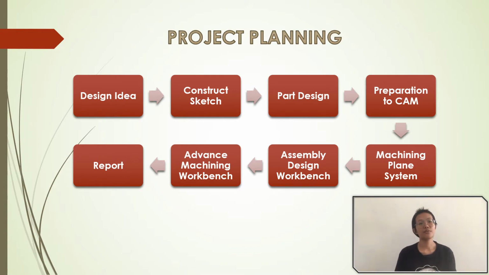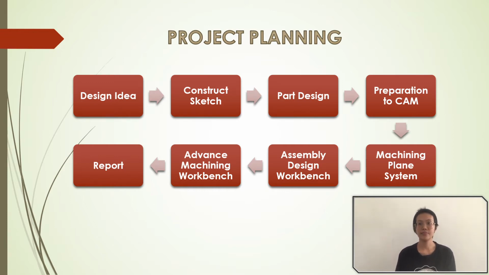For all of this process, we need to study first which tool we need to use, and after that we can proceed to the advanced machining, where we use four so far: facing, profile contouring several times, pocketing, and also drilling.